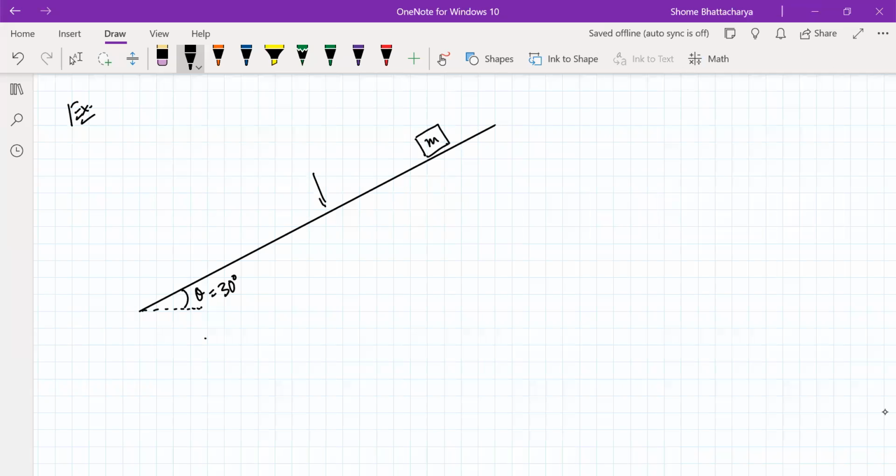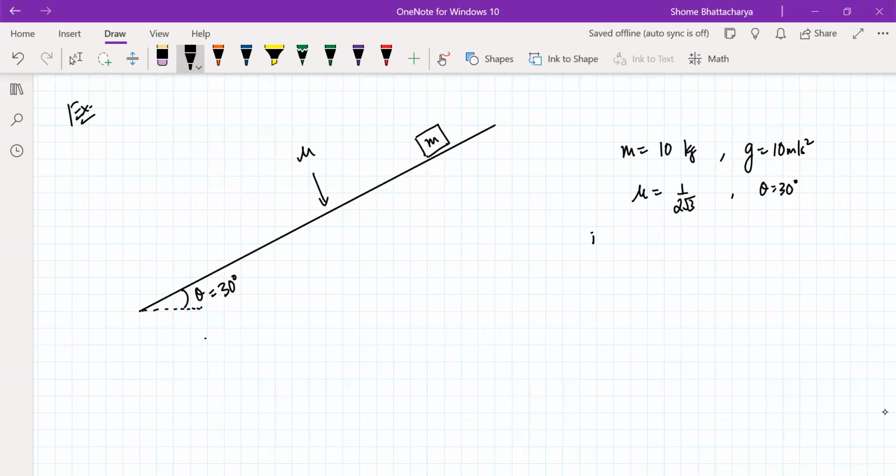Placed a block of mass m, so m is 10 kilograms, g is 10 meters per second square, and the coefficient of friction mu is 1 by 2 root 3, whereas theta is equal to 30 degrees.